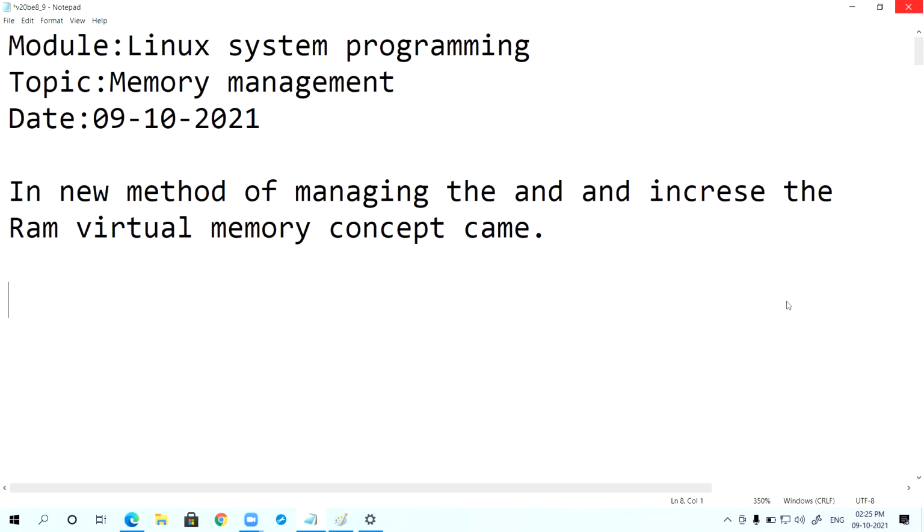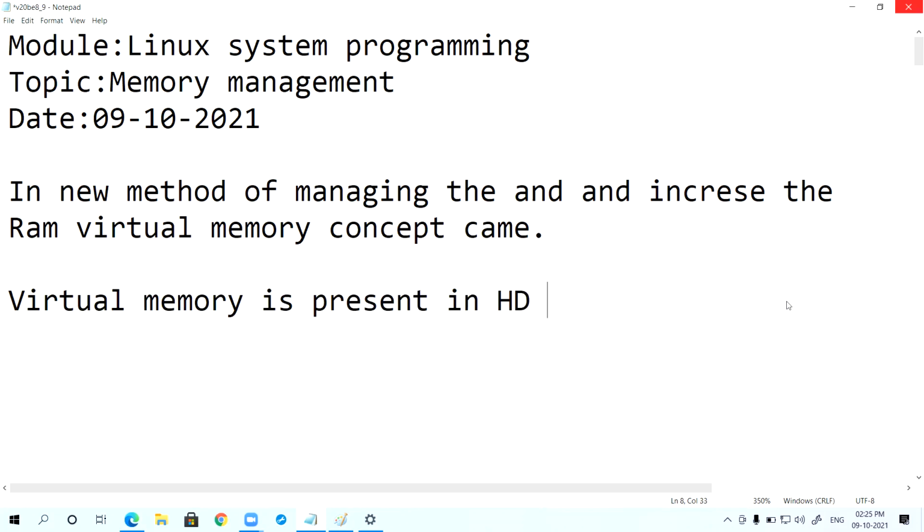Virtual memory is present in the hard disk, but it acts as RAM.